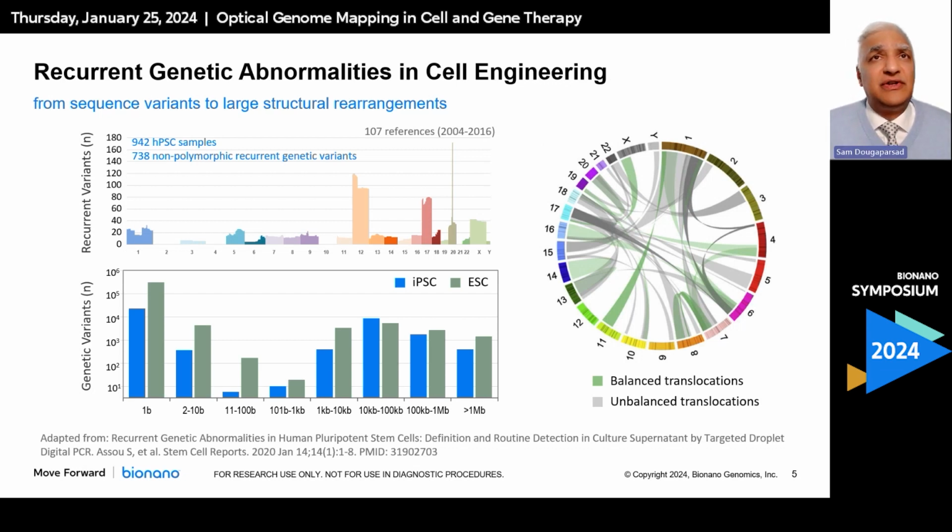The top plot shows genome-wide recurrent copy number changes with prevalence for chromosome 12, chromosome 17, and chromosome 20. The bottom plot indicates that these variants range from sequence-based mutations to anomalies. Moreover, structural variants are impacting the integrity of the whole genome, with occurrences of balanced and unbalanced translocations.